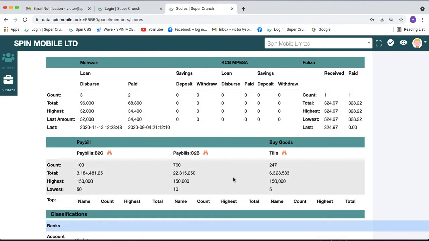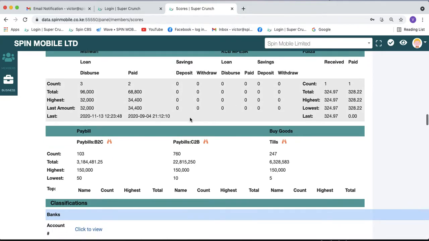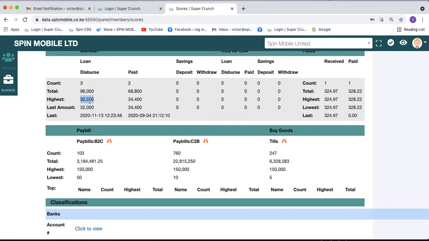Then you're able to benchmark with other lenders to see how much money has this individual received from other lenders. M-Shwari is one of the leading loan providers, mobile money loan providers in Kenya. KCB M-Pesa, belonging to one of the leading banks. Fuliza is an overdraft service. And so you're able to see how much limit he has qualified.